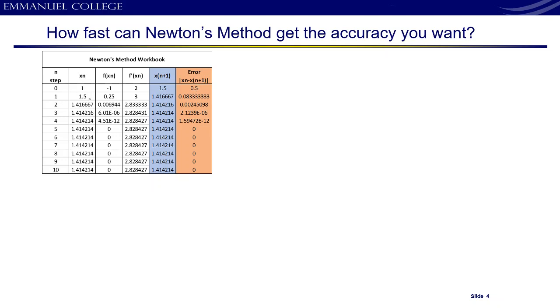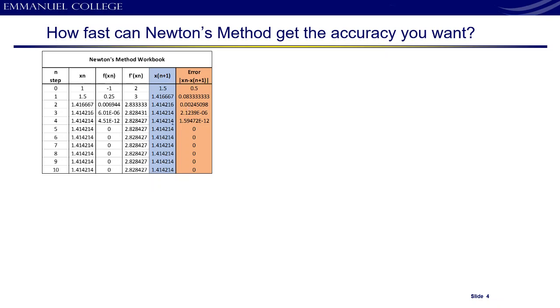Then I use 1.5, I get the 1.416 repeating, which has an absolute error of 0.083. And this is what you're looking for. You want these zeros to start appearing here, because that means you're correct to that decimal place. And then here, 0.0024598. Now we're good to these 2 decimal places.